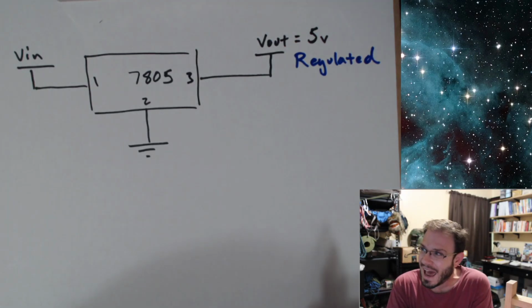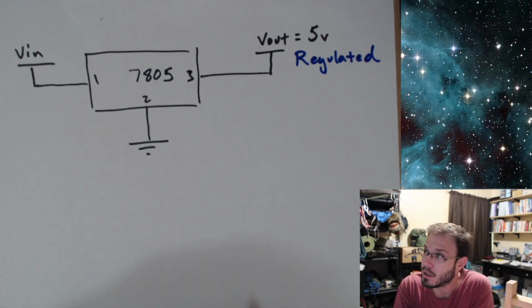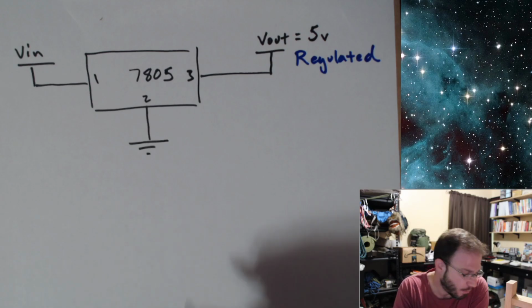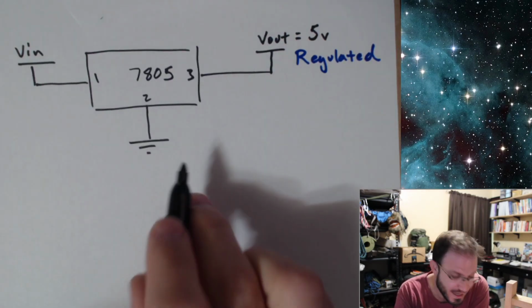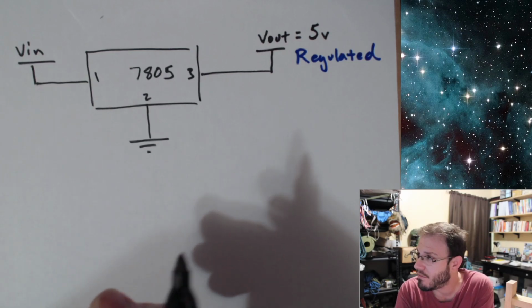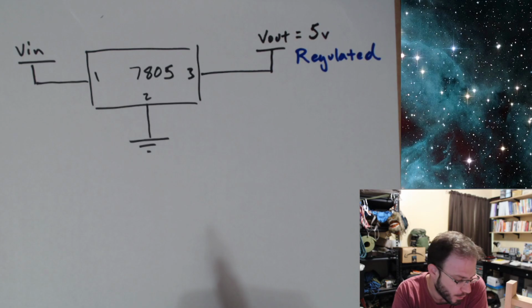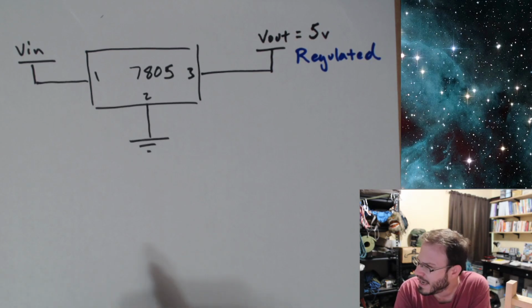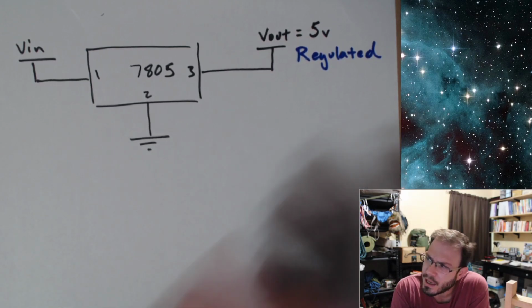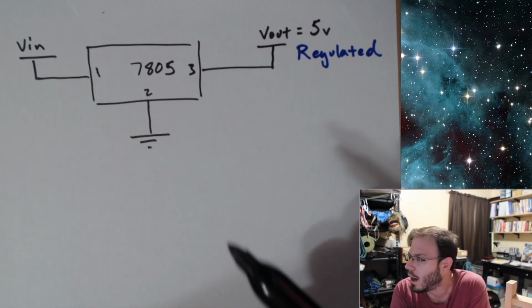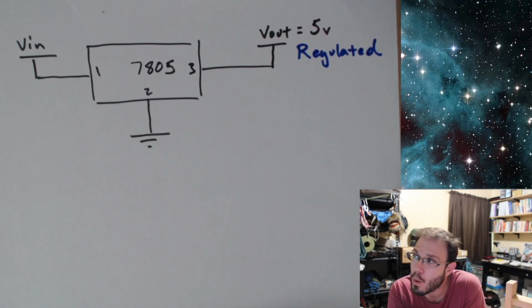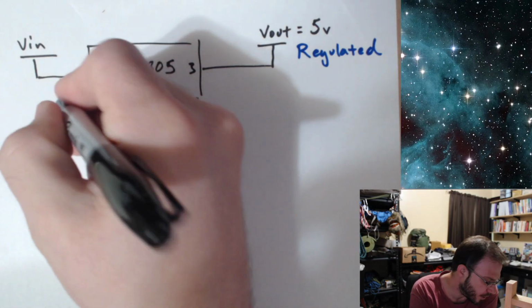And we have to go ahead and put some filtering capacitors on both the input and the output. Now, for a 7805 or for any of the 78XX series, whether that's a 9-volt regulator, 12-volt regulator, our filtering caps are usually specified as 1 microfarad on the input, 0.1 microfarad on the output.